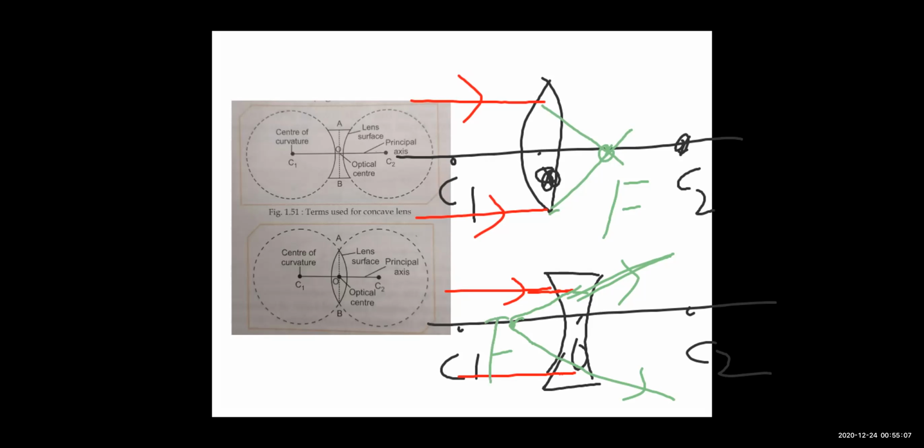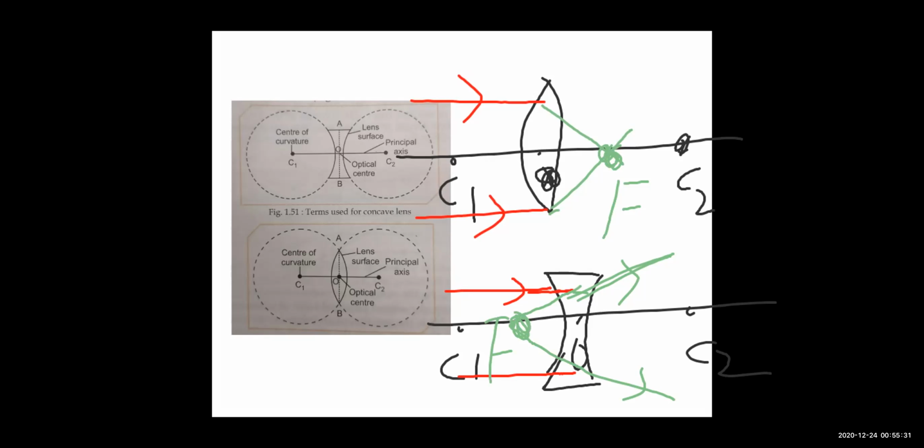So let me define the term once again. When the incident rays which are parallel to the principal axis, after refraction, actually meet or appear to meet at a point on the principal axis, this point is known as the principal focus F.